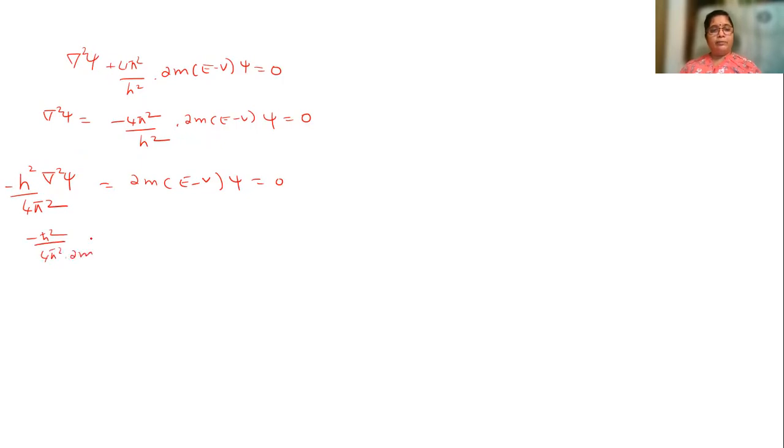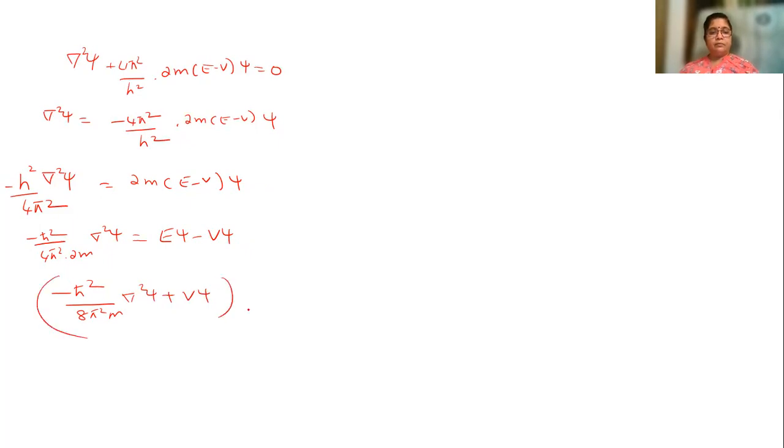I can take the 2m del square psi is equal to E psi minus V psi. You don't need the zeros here, since I have taken them this side. Or you can write this as minus h cross square by 8 pi square m del square psi plus V psi is equal to E psi.